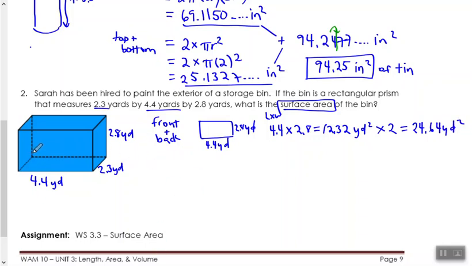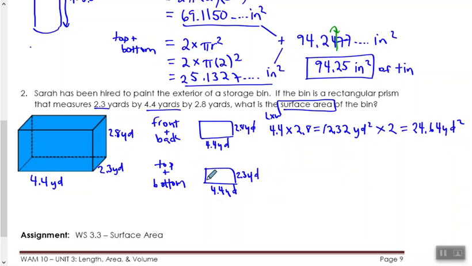Okay, next, let's do top and bottom. So doing our top and bottom, drawing a rectangle, and let's look at the bottom here. It's 4.4 yards long and 2.3 yards down.